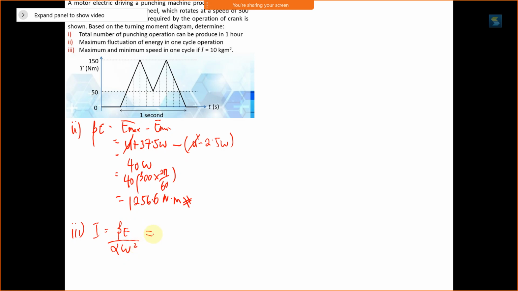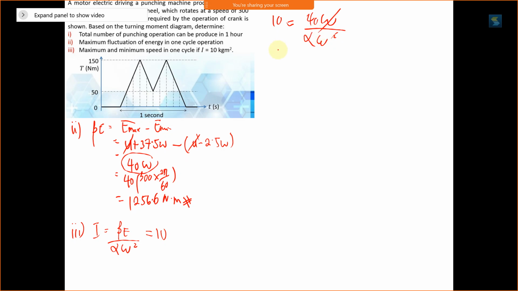Which equals 10. So we have 10 equals delta E, which we take in the form of 40 omega, easier. So delta E is 40 omega divided by alpha times omega squared. We don't know alpha, but it's okay, we just put it as alpha here. Since omega is the same, we can cancel it out.